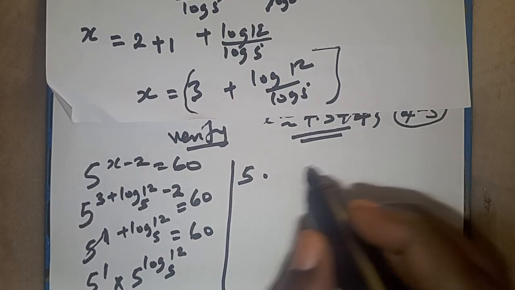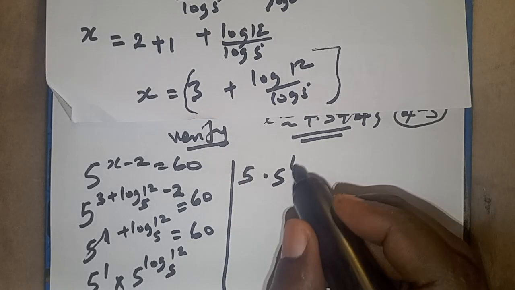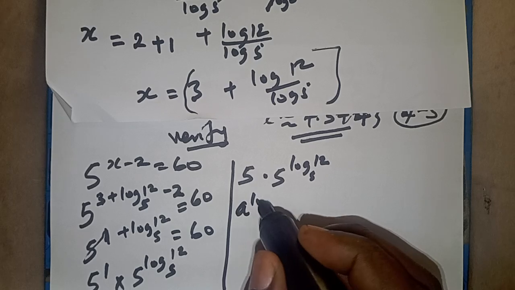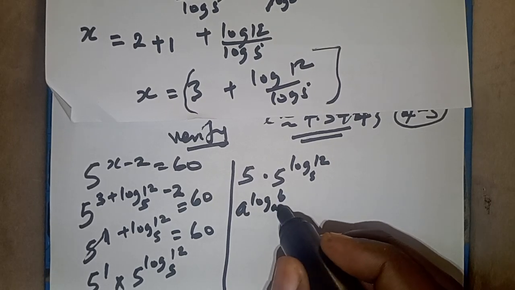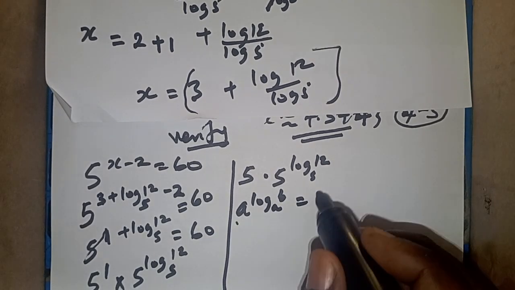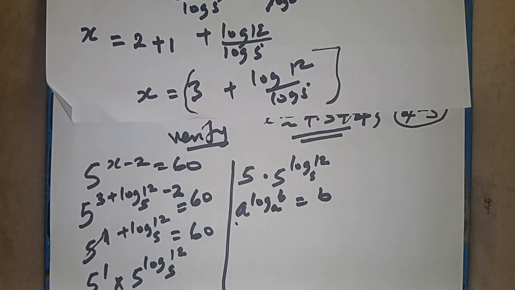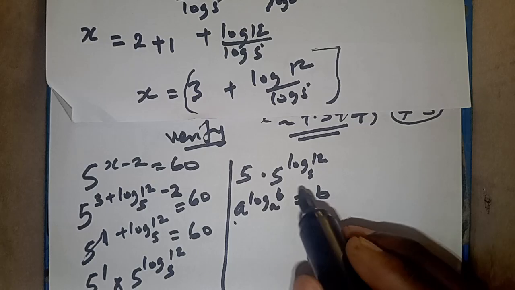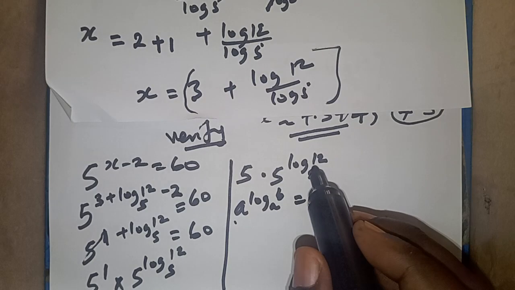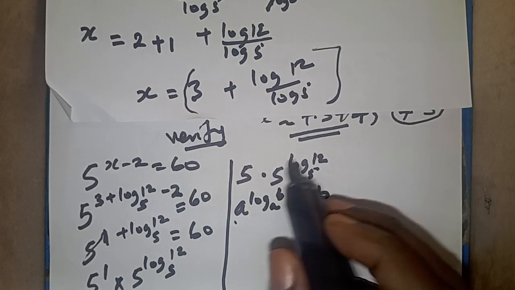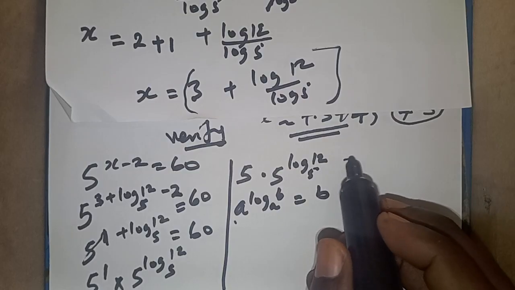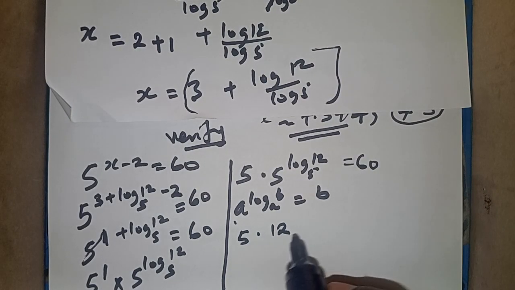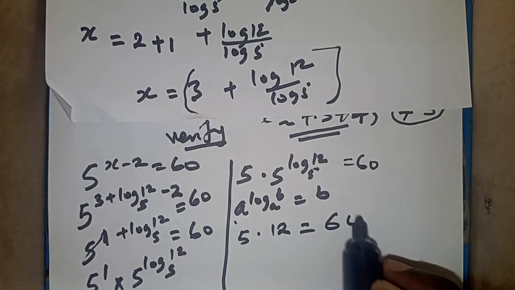And you're going to recall again that whenever you have a raised to the log of b base a, and the bases are equal, then we're going to end up with b. So this is 5 multiplied by 12, and I should get 60.